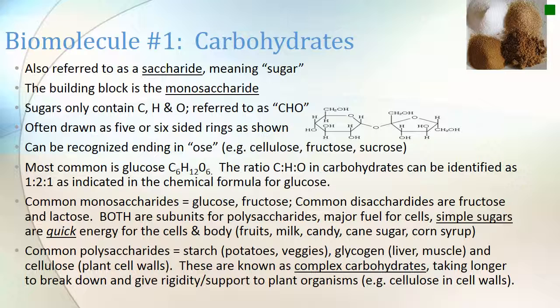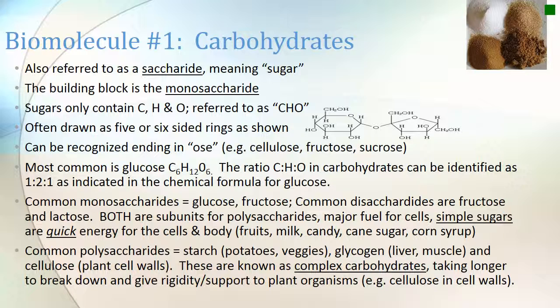But both of these common monosaccharides and disaccharides are subunits for polysaccharides, the bigger polymers, okay? They are often referred to as simple sugars for quick energy because they are the major fuel for cells.